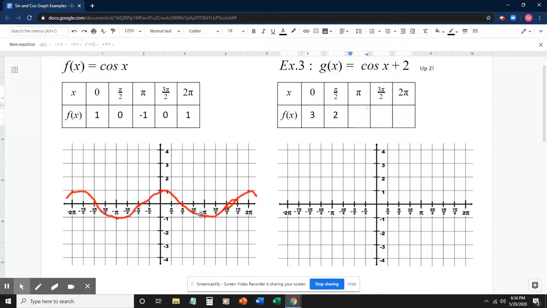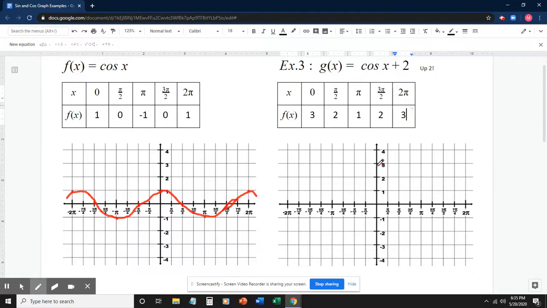Pi, negative 1, if I move it up 2 places, is now at pi, positive 1. 3 pi over 2, 0, moved up 2 places would be up to 2. And 2 pi, 1, this point right here, if I move it up 2 places, will now be at 3. So notice the difference between the original one and the new one. I literally just added 2 to all the y values. That just moves everything up 2 spots.